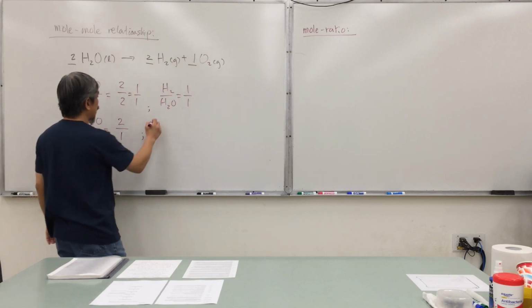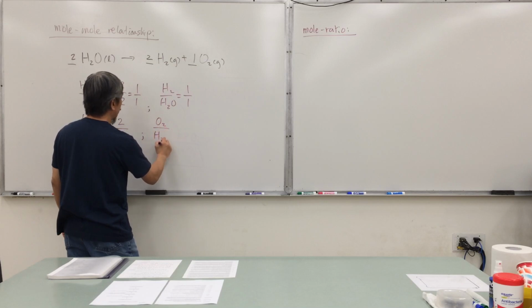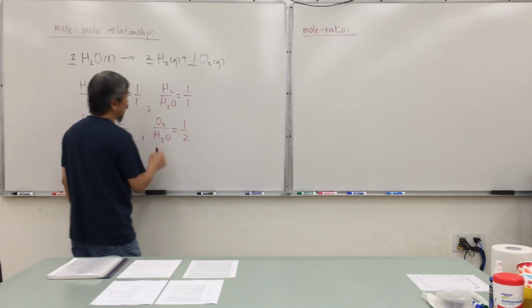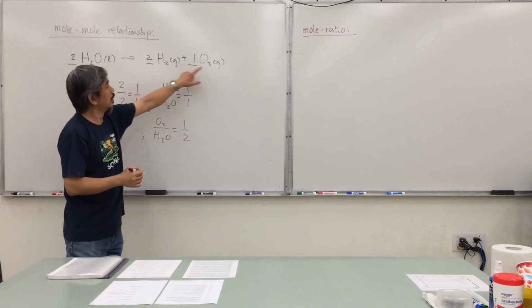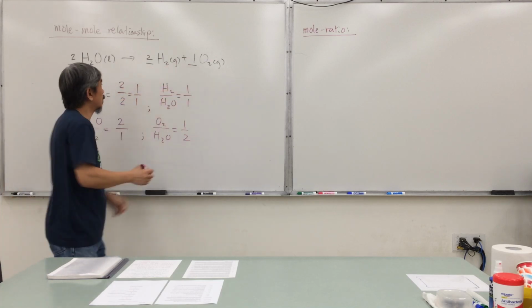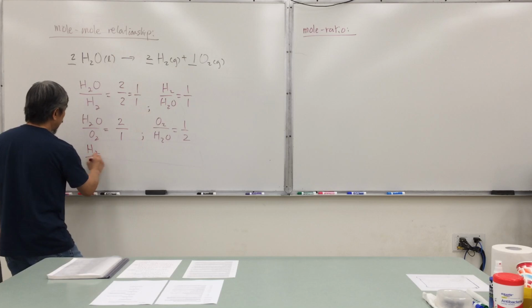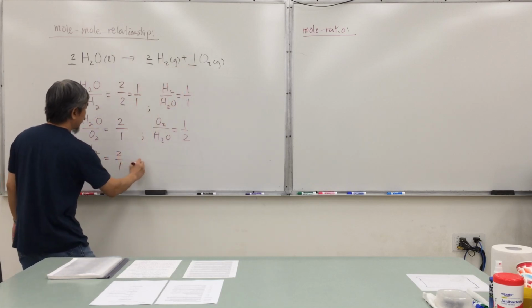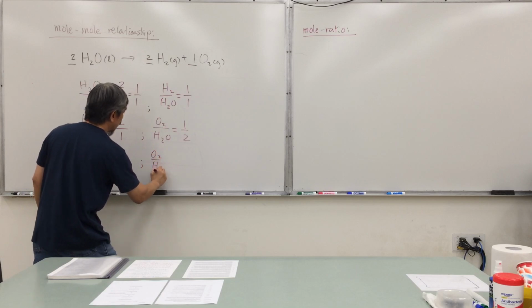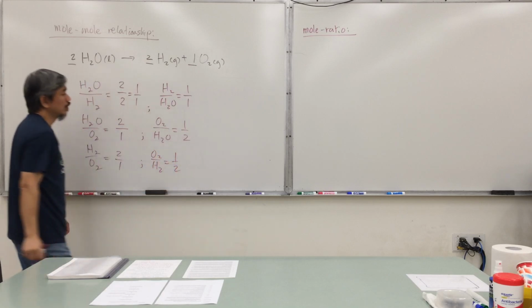And then, of course, if I go ahead and flip that around, O2 to H2O, that'll now give me a 1 to 2 ratio. Okay? And finally, I can now look at comparing these 2 last substances here. So H2 to O2 is now 2 to 1. And then finally, O2 to H2 is now 1 to 2.